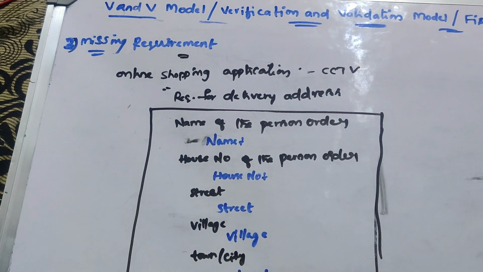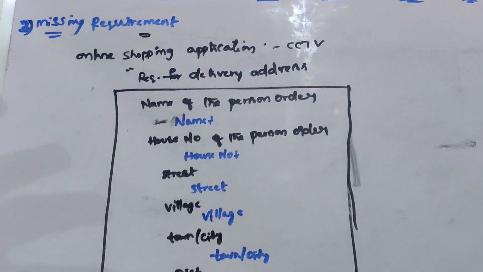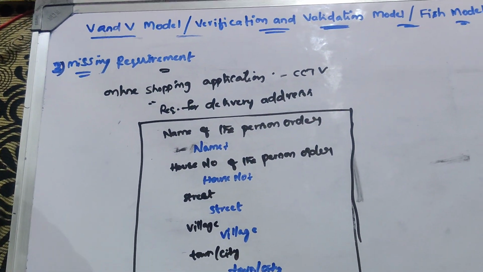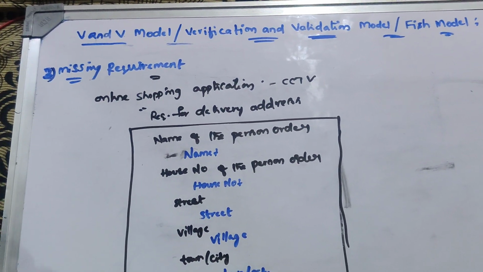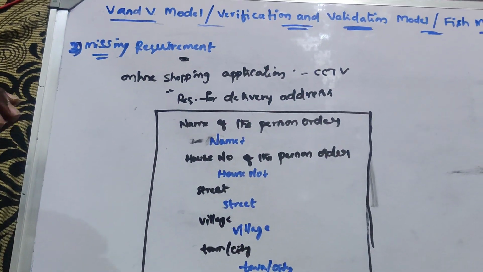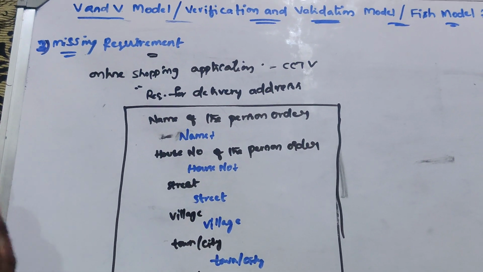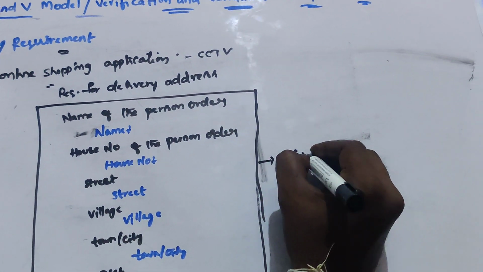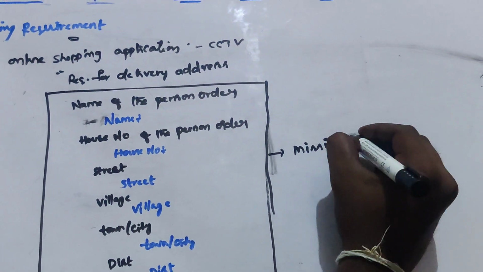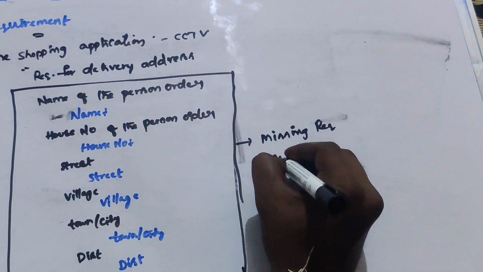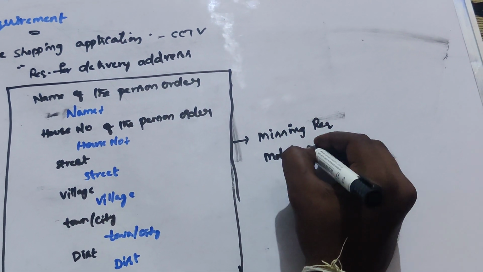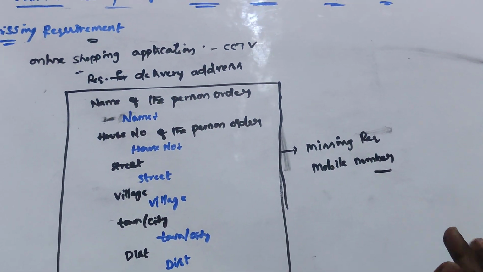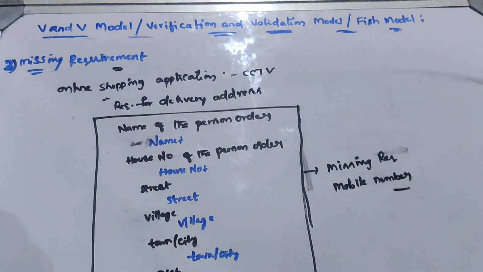So it is very difficult for him to deliver your product, right? If you had provided your mobile number, it would be very easy for him to communicate with you and deliver your product. So the missing requirement here is the mobile number. This is an example for a missing requirement.